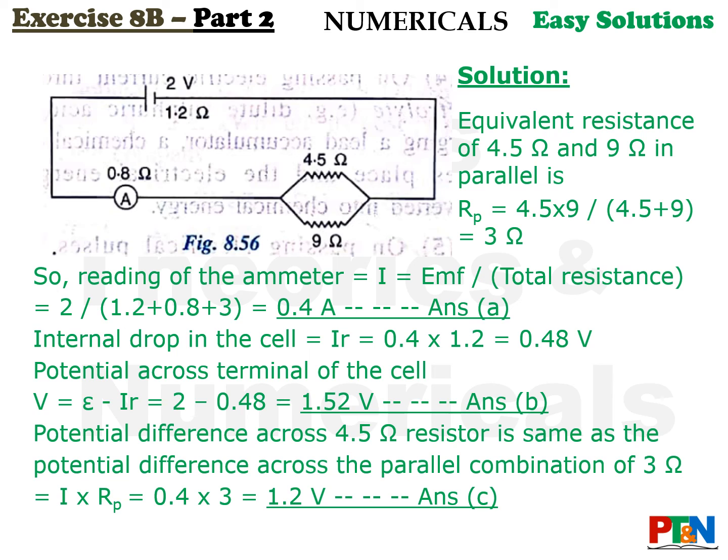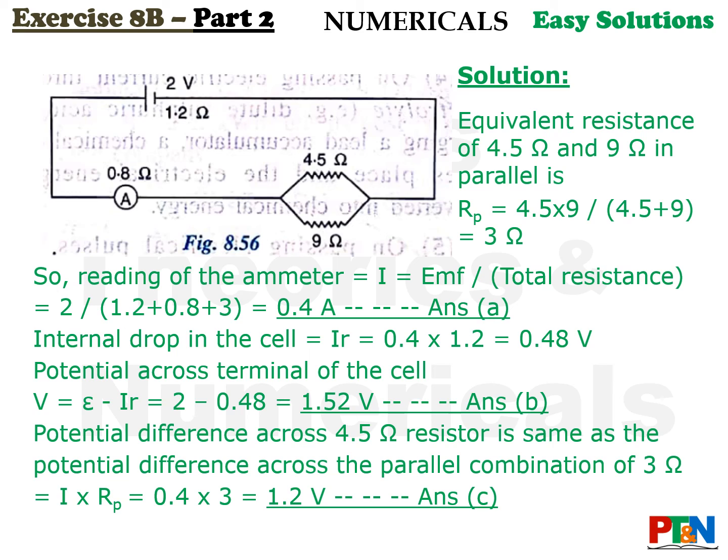So equivalent resistance of 4.5 and 9 ohm in parallel, that will give you 3 ohm, same old formula. So reading of the ammeter is basically current, that is EMF by total resistance. What is total resistance? There are three resistances, 1.2, 0.8 and 3, that is 5 ohm. 2 volt by 5 ohm, that is 0.4 ampere is the current.